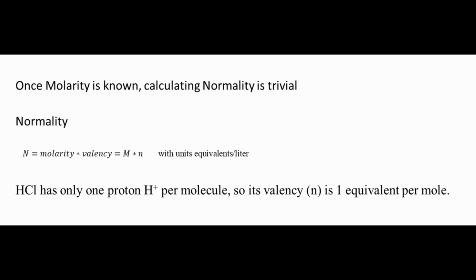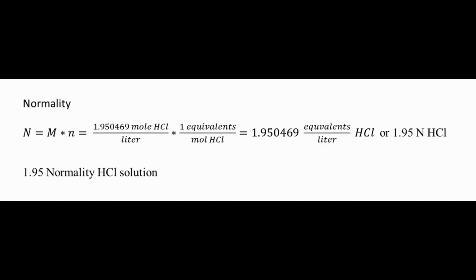Now that we have a good approximation for the molarity, calculating the normality of the HCl solution is trivial. HCl has only 1 proton, H+, per molecule, so its valency n is 1 equivalent per mole. The normality is calculated from the molarity times valency.